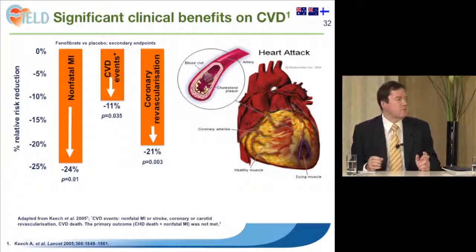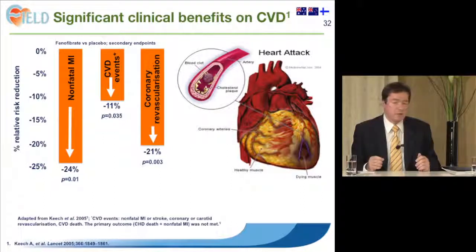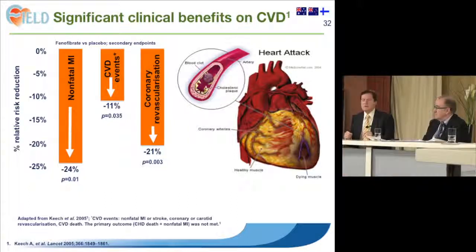Total cardiovascular events were significantly reduced by 11% with a p-value of 0.035, and coronary and carotid revascularization procedures were also reduced by 21% with a highly significant p-value, as were hospitalisations for acute coronary syndromes by around 18%, and clinical and silent MI together by 20%, which was highly significant.